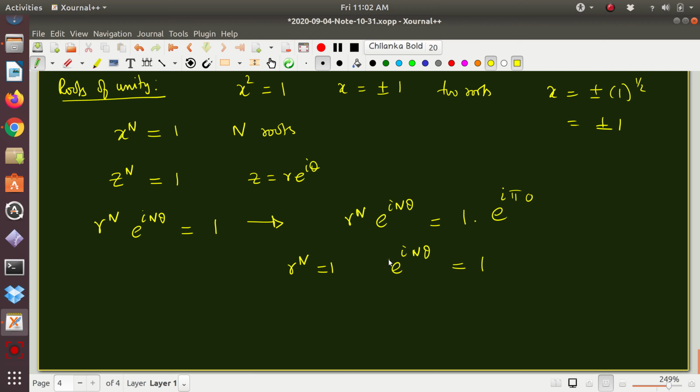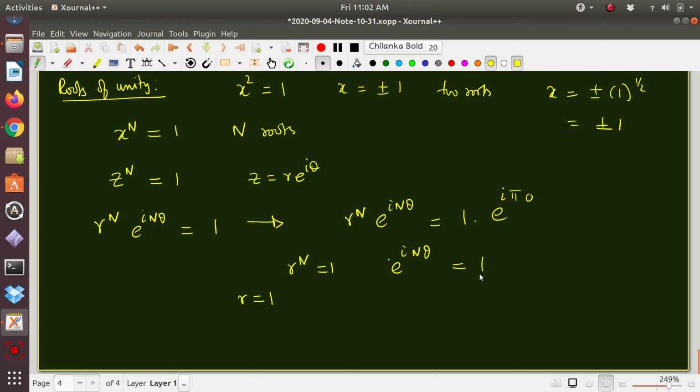Right, e to the 0 is 1. Now you can find, if r to the n is 1, that means that r has to be 1. R is a real number, it has to be 1.